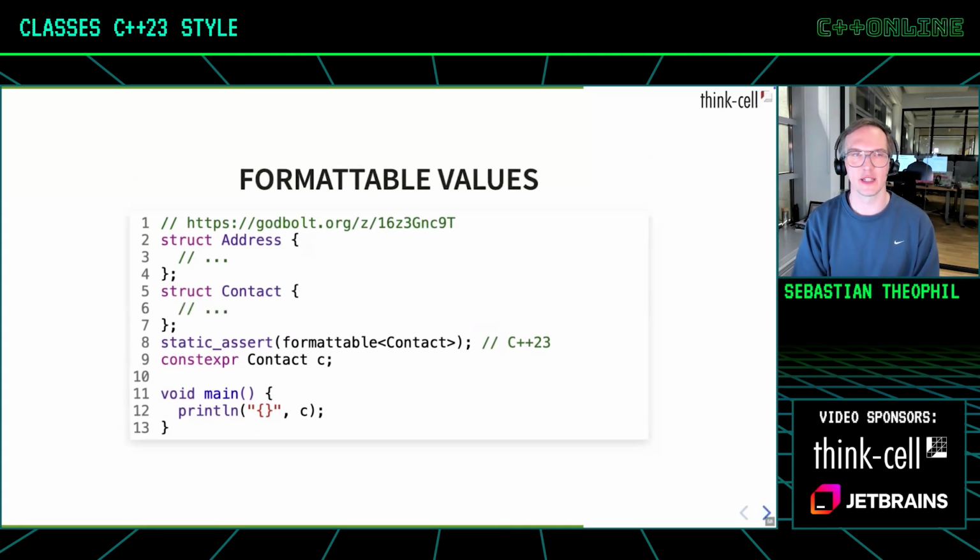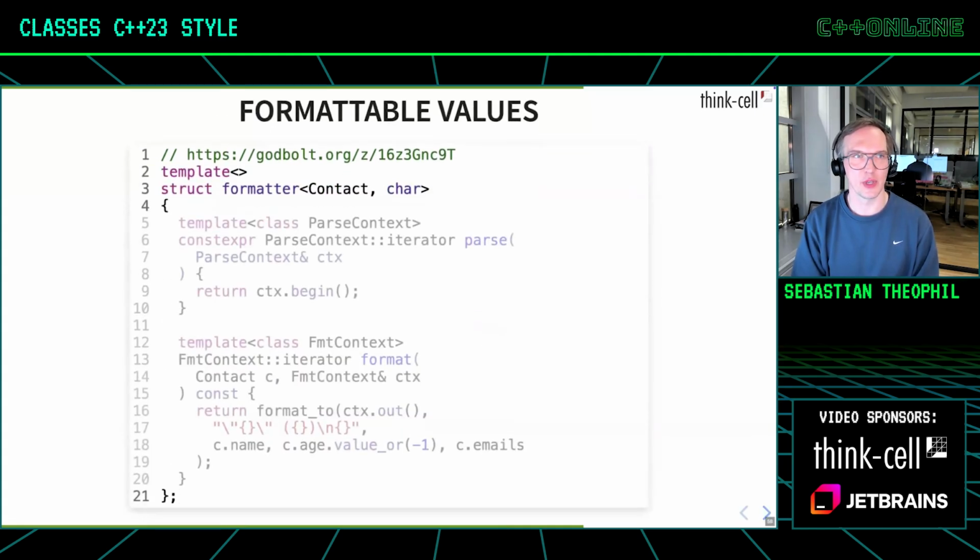Okay, let's remove that and let's go here. So what you have to do to make your types formattable is to specialize the formatter type. Here I specialize it, of course, with Contact. So this is my template specialization for the formatter. And I say I'm outputting characters. And the formatter has two functions.